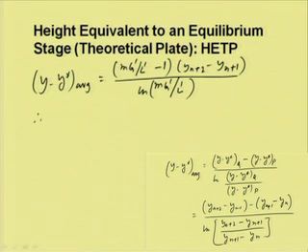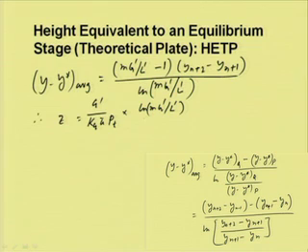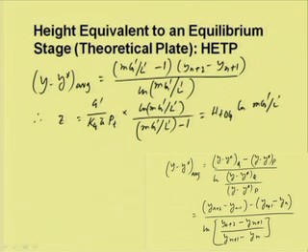So, therefore, Z would be G dash divided by capital K G a bar P T into ln m G dash by L dash divided by m G dash by L dash minus 1. So, which is equal to H T O G into ln m G dash by L dash divided by m G dash by L dash minus 1.